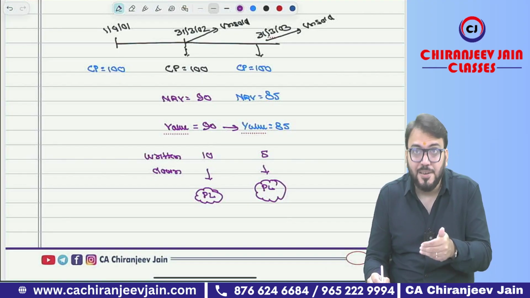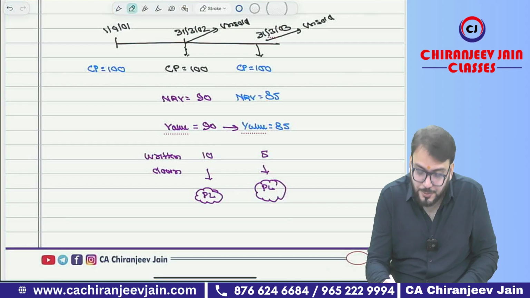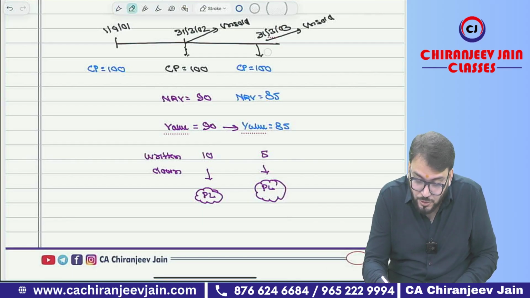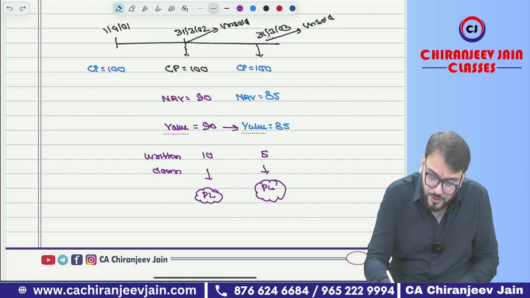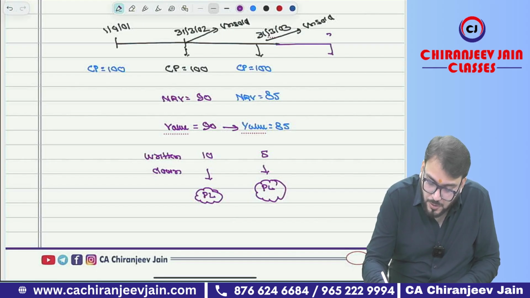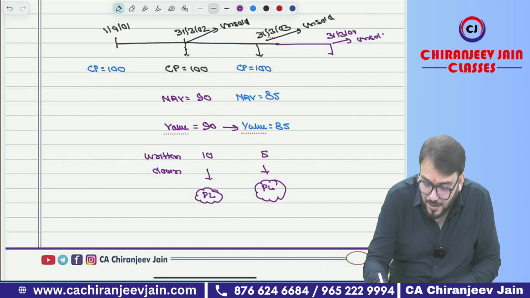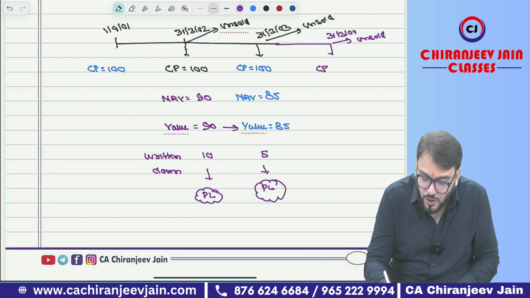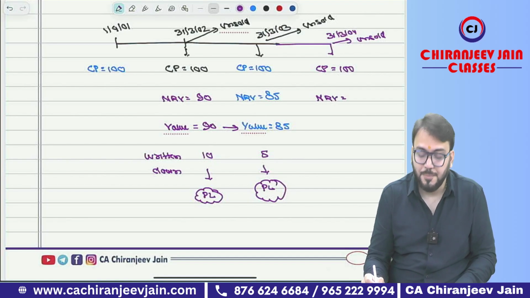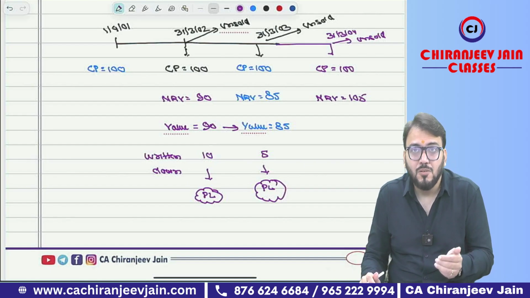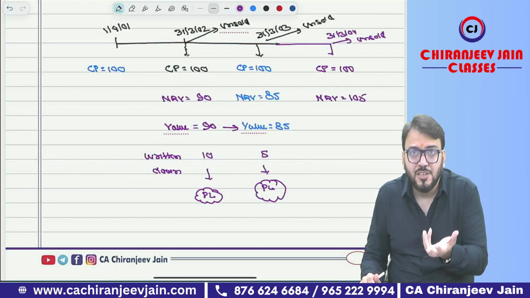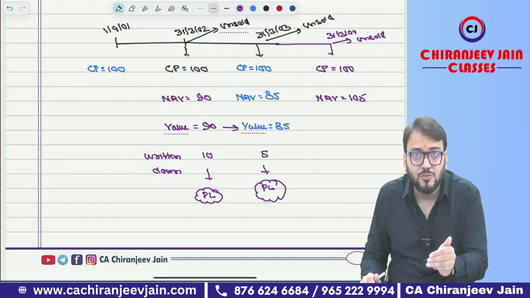So every year you need to review your NRV. It is quite possible. Suppose on 31st March 2004, again it remains unsold and the cost price is 100 and let's say NRV becomes 105. Quite possible. Demand increases and now we think that the inventory can be sold at higher prices.